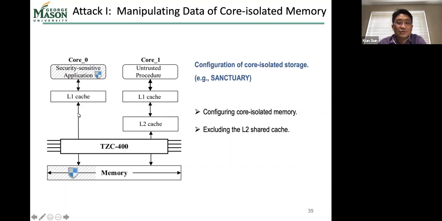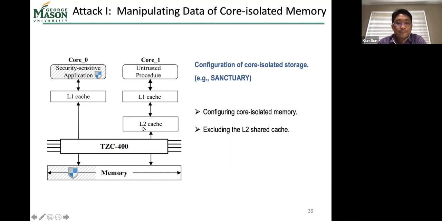Remember, we have the cacheability domain, right? They can consider the L1 cache as write-back or write-through, but the level 2 cache as non-cacheable. In this way, they avoid leaking data into the shared level 2 cache.